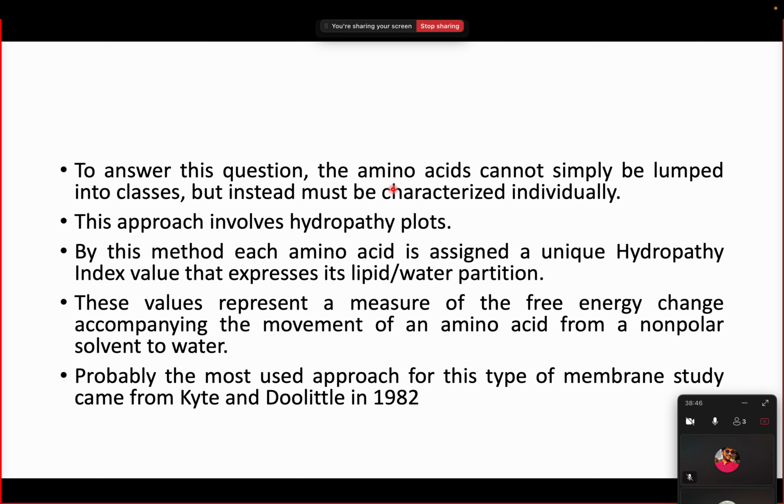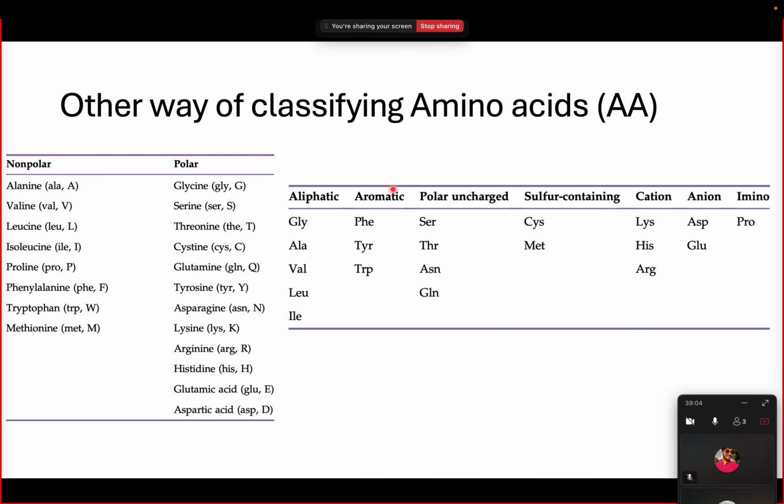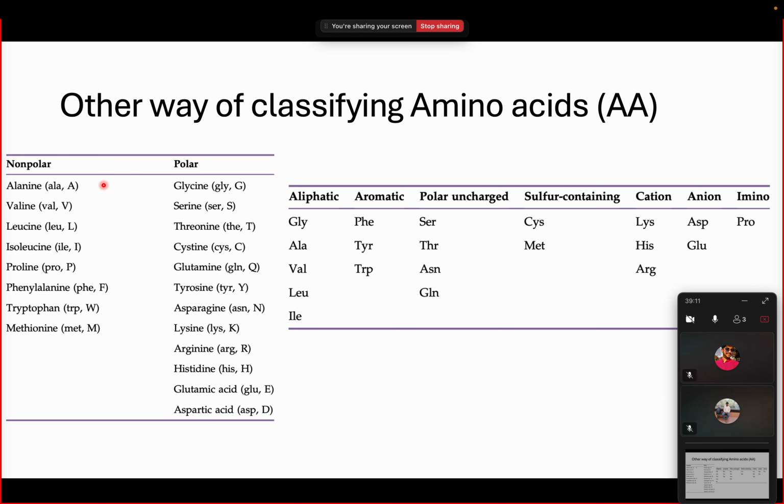To answer this question, the amino acids cannot simply be lumped into classes, but instead must be characterized individually. This approach involves hydropathy plots. If I am saying that all these non-polar amino acids are there, all these non-polar amino acids will like to stay in a non-polar environment.